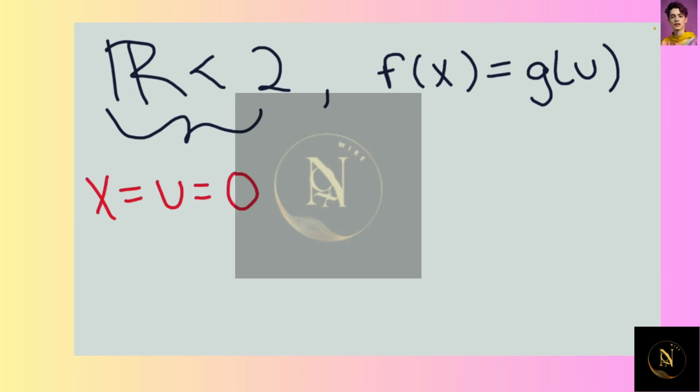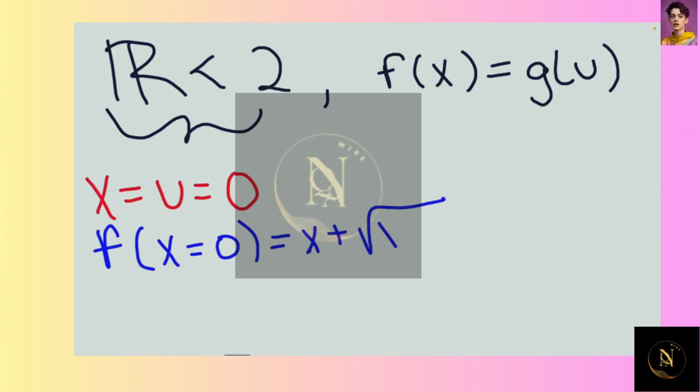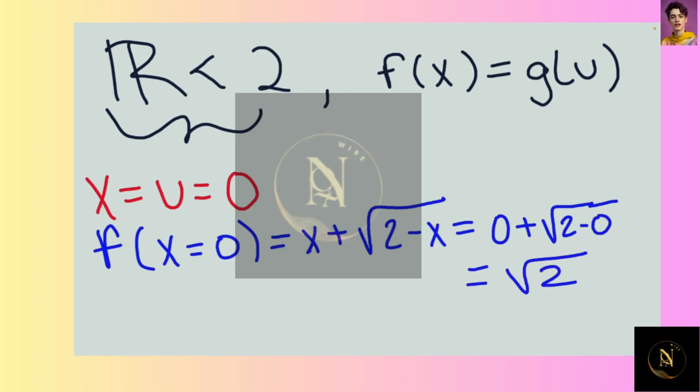So let's plug that into our equations. We have f of x is equal to x plus the square root of 2 minus x. And so if we plug 0 in there, we get 0 plus the square root of 2 minus 0, which is just equal to the square root of 2.